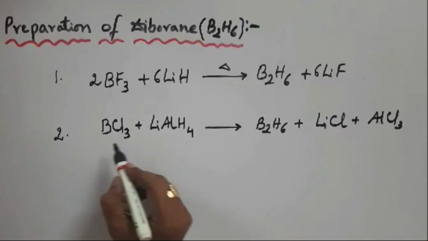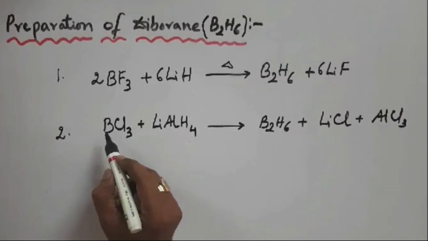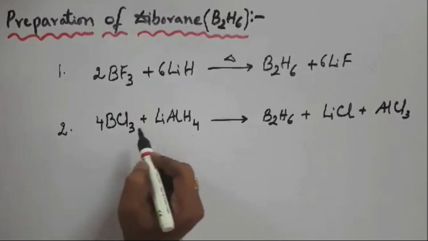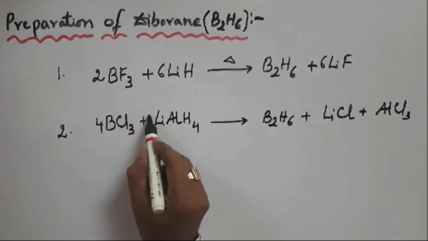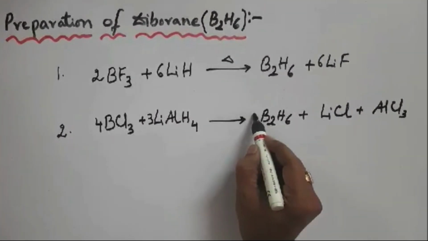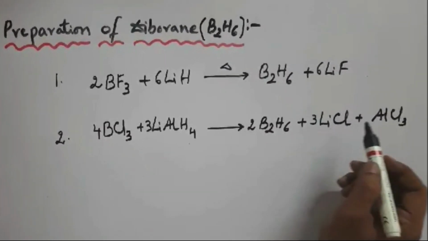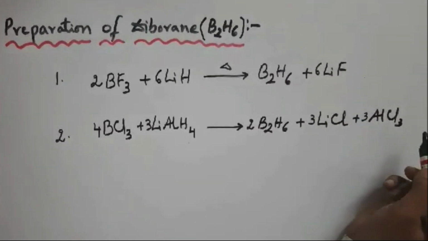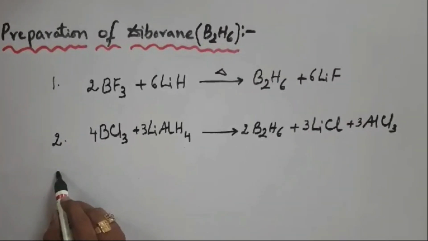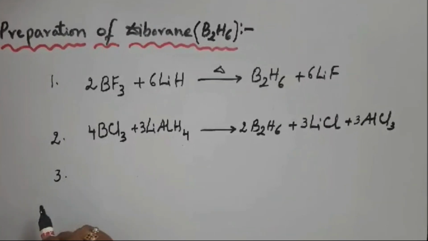Now we need to balance this reaction also. So how do you balance this reaction? To balance this reaction, we need to take 4 moles of BCl3 and 3 moles of lithium aluminium hydride, and you are going to get 2 moles of diborane, 3 moles of LiCl and 3 moles of AlCl3.